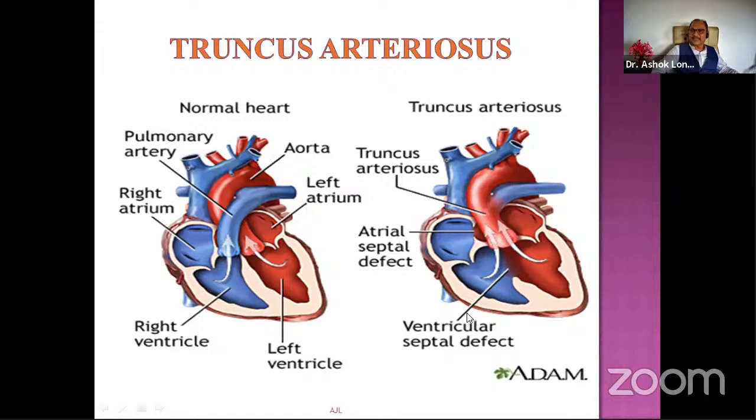And there is definitely a ventricular septal defect also because of this maldevelopment of the aorta and the pulmonary trunk or pulmonary artery, we can say. So this is again a very huge heart defect.